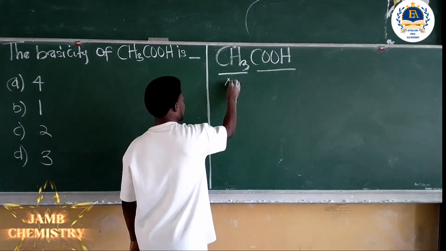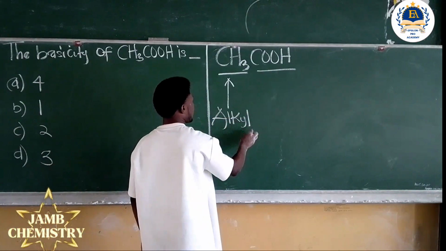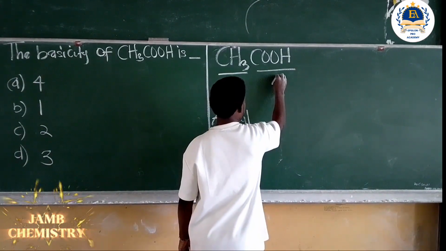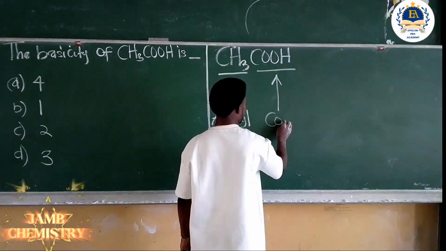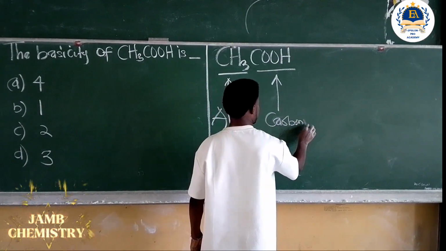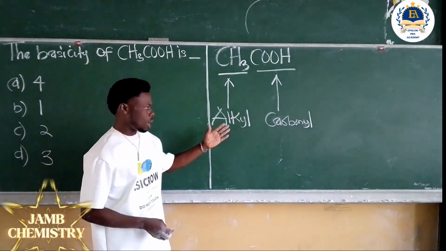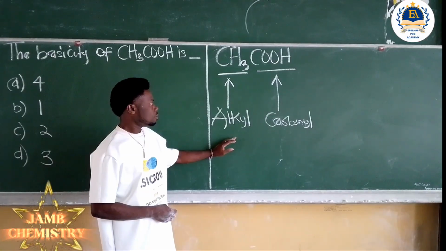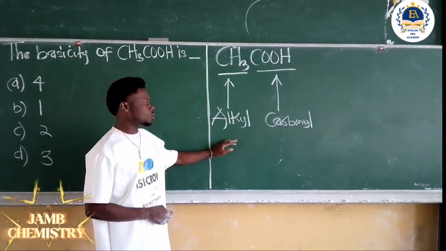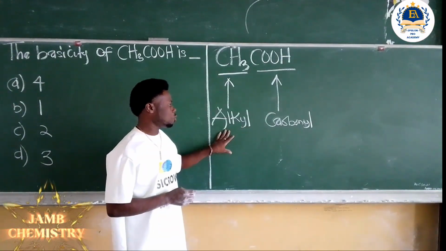So this is called the alkyl group and this is the carbonyl group. In carboxylic acid, the acidic hydrogen is always attached to the carbonyl group and never to the alkyl group.